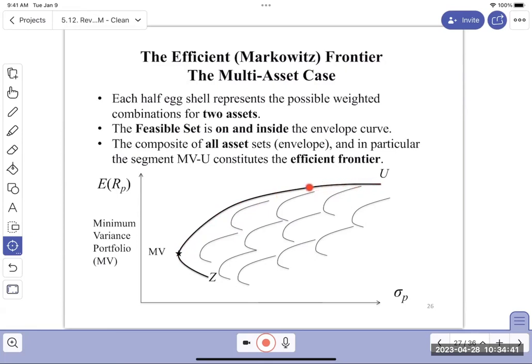And I'm particularly interested in the high return, but also that they're more to the left than any of the ones below them or within it. So this is now a set known as the efficient frontier that includes portfolios of many assets.